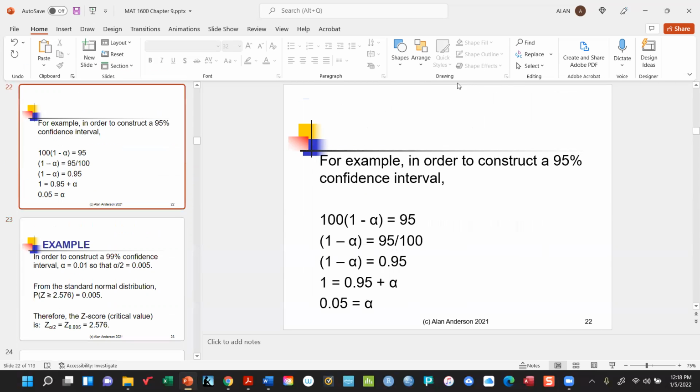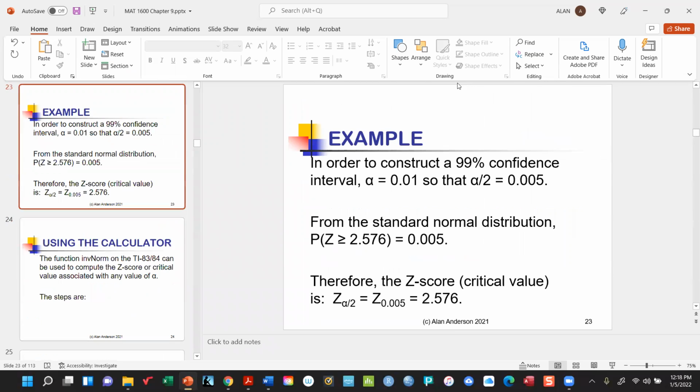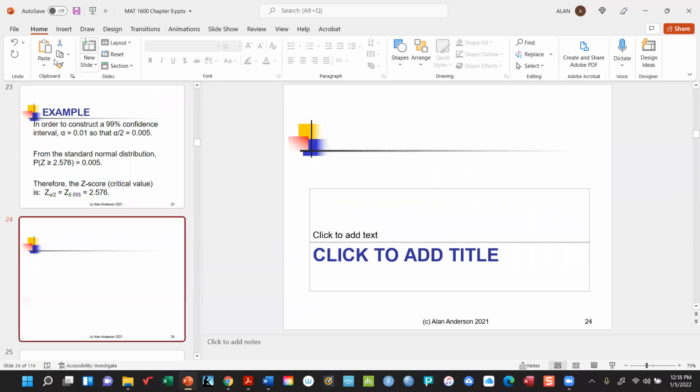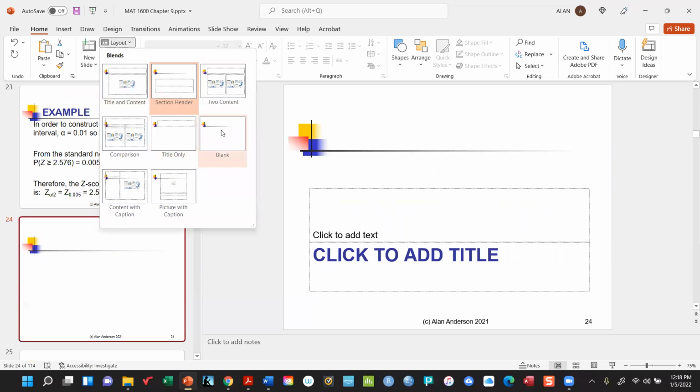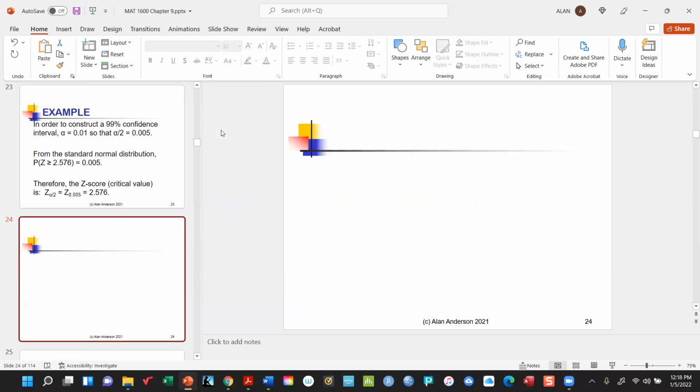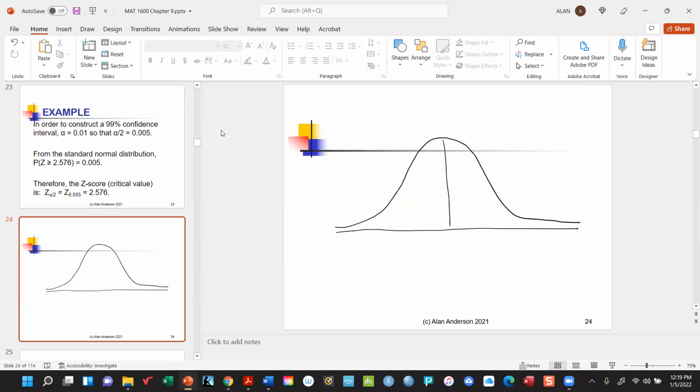Let me just show you with a graph what this is actually all about. You're going to the standard normal distribution. And you're saying, oh, I know what I want to do. I want to find two values where 99% of the distribution is in between.